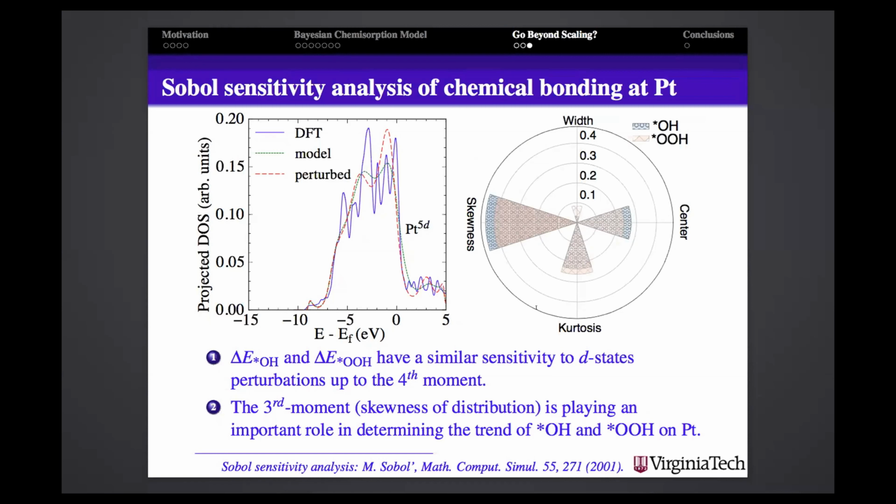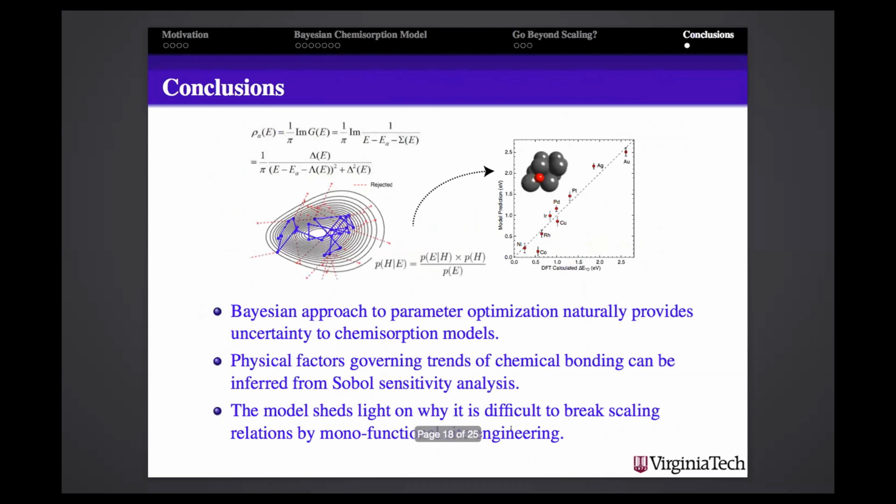So the answer is that it is difficult to break the scaling of OH and OOH by simply perturbing the metal d-state distribution. One interesting thing is that for OH and OOH, the third moment plays a more important role than the lower moments. That's something we are trying to understand further, to see if we can better explain how these states influence the chemical bond.